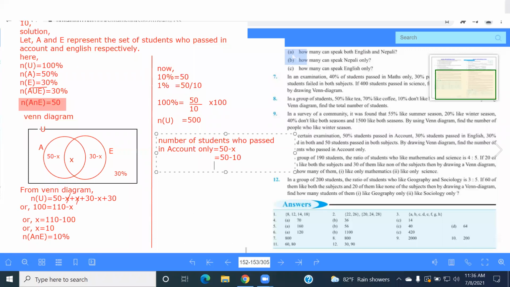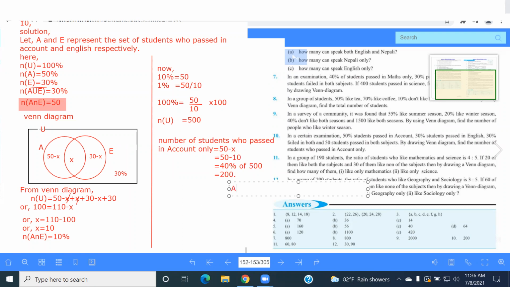It means 40% of students passed account only. But we have to find the number, so 40% of the total number, 40% of, sorry, 500, because the total number is 500. Now what is 40% of 500? It is 200. Here is the required answer.